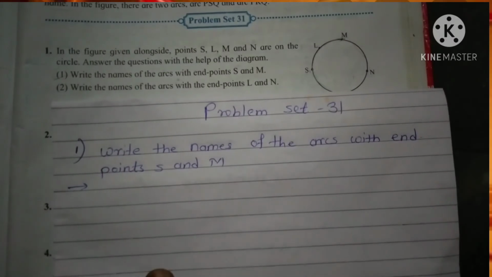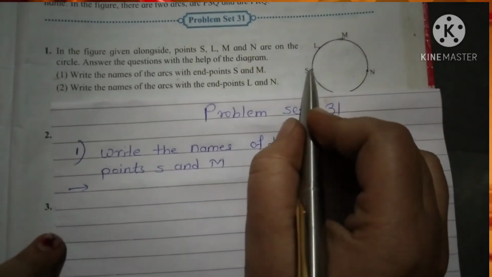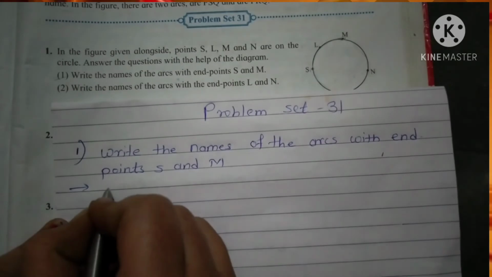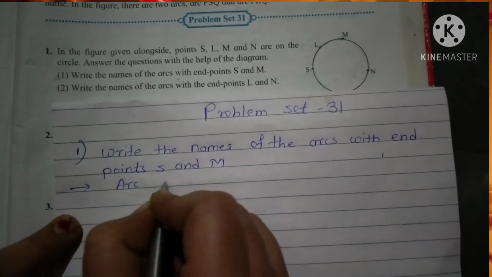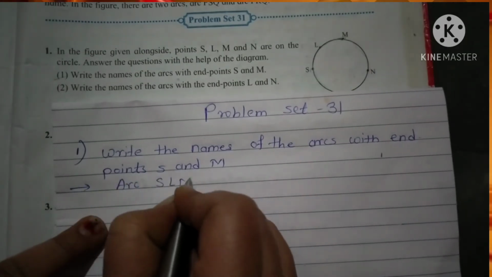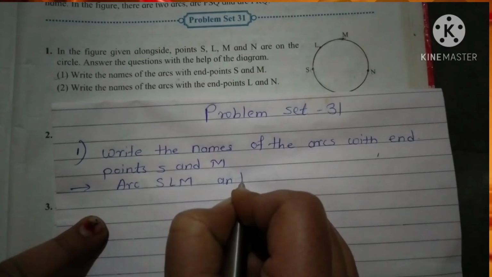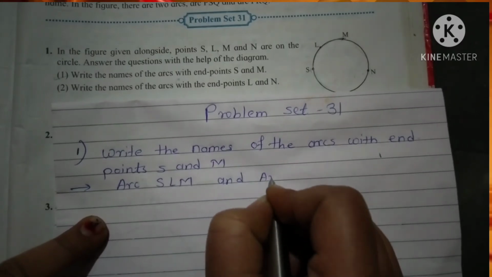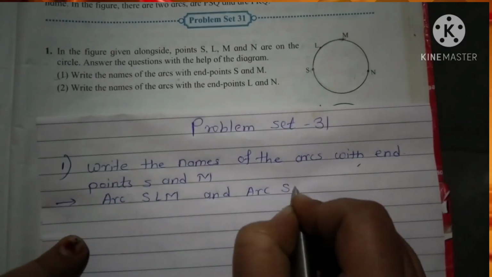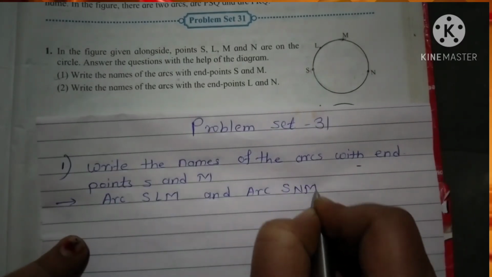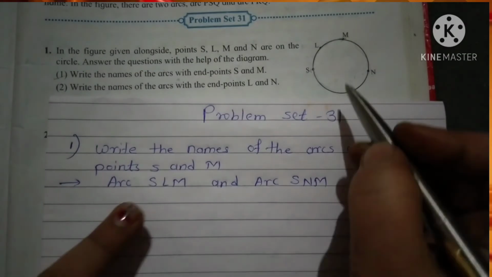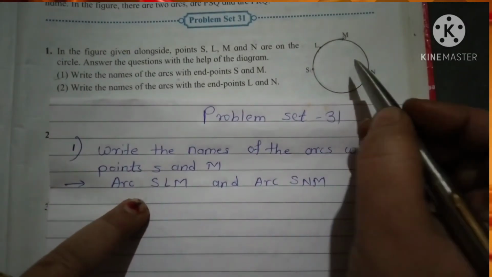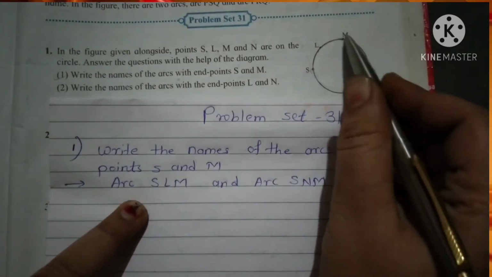The end points S and M we want, so the arcs are arc SLM and arc SNM. Understood the answer? Arc SLM and arc SNM.